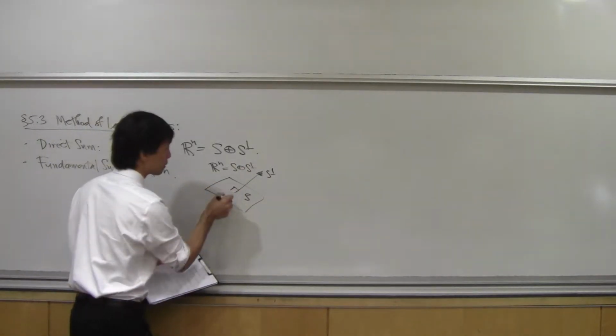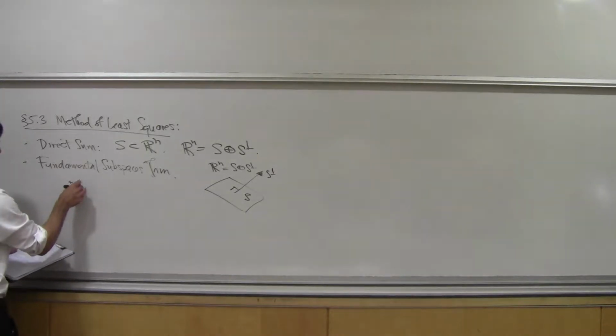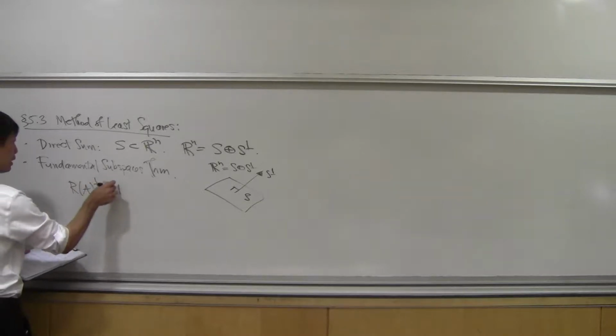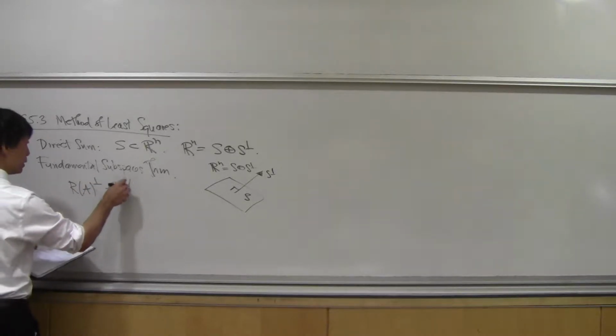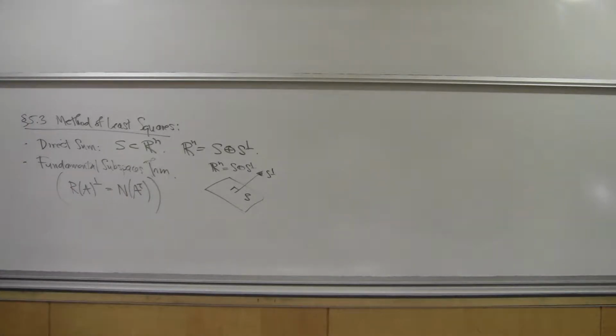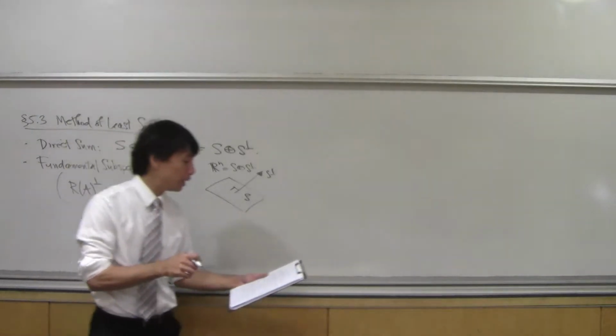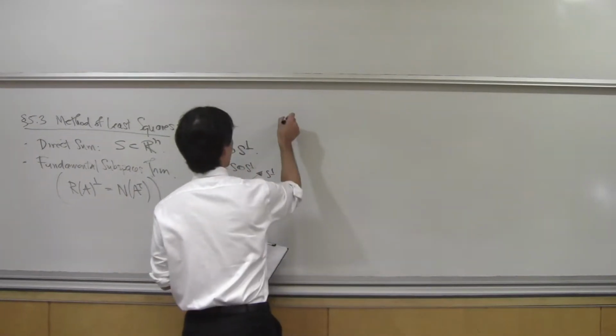And then from the fundamental subspaces theorem, we're going to use the part that says that the range of A is the null space of A transpose. So those are the parts we're going to use. Okay, so here's the idea.